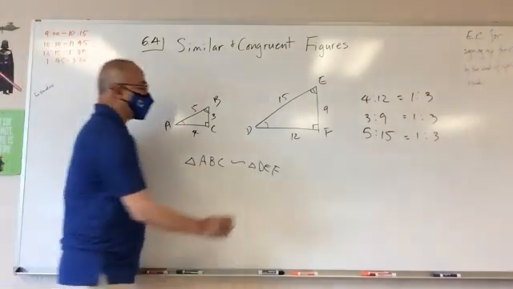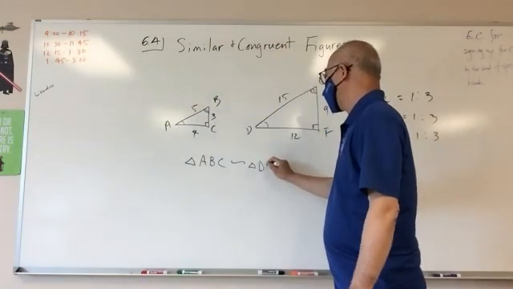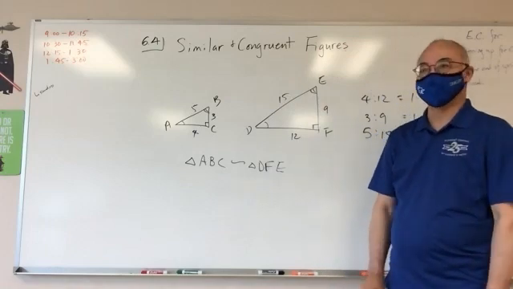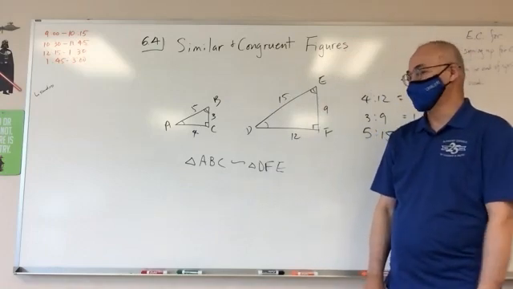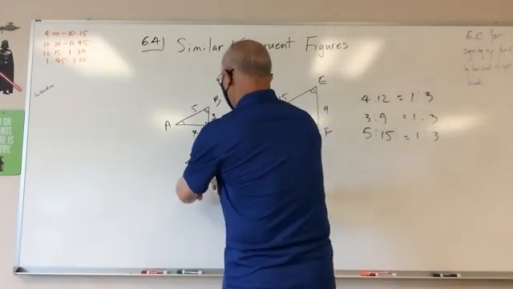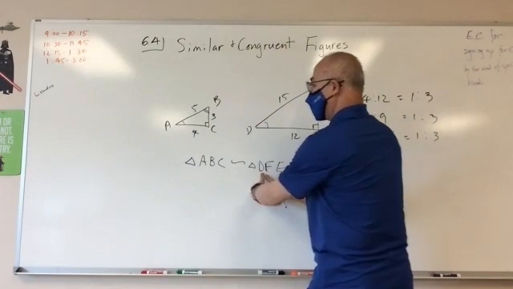In other words, you cannot say that ABC is similar to DFE. Because if you do that, you would assume that AB and DF are corresponding parts, right?